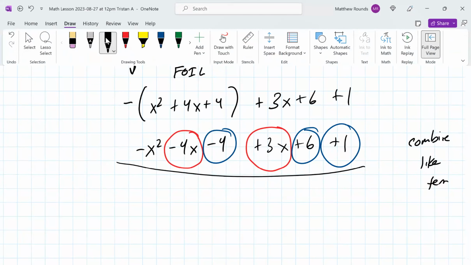Do you have a graphing calculator? You'll need it for the next problem for sure. All right, so let me know when you got your graphing calculator out.